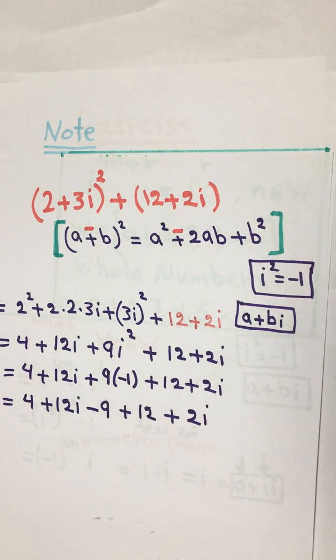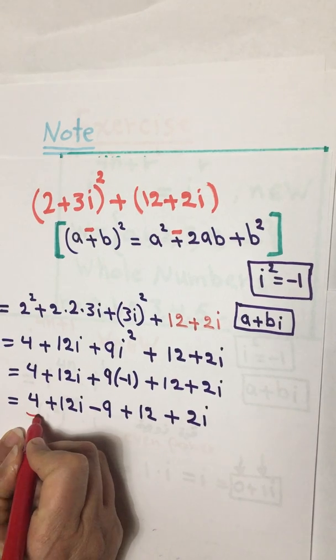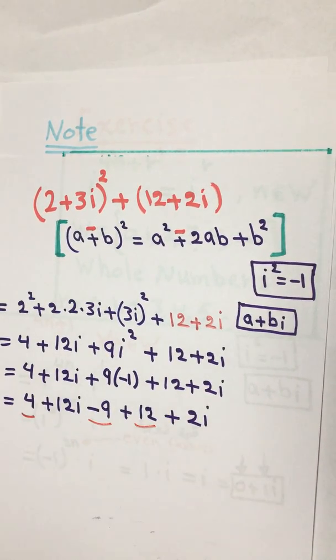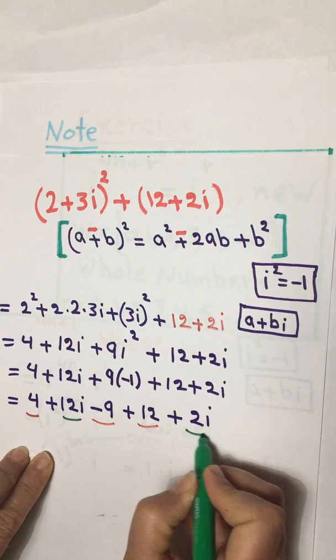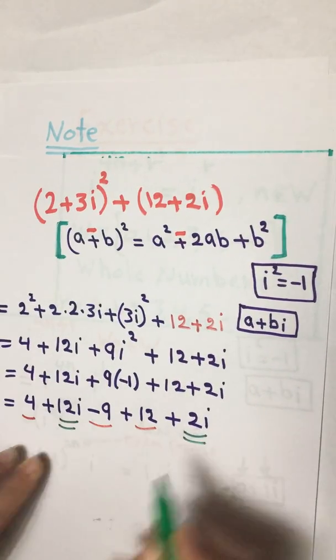So these are real numbers, I can add them. And these are imaginary numbers, I can add them together.